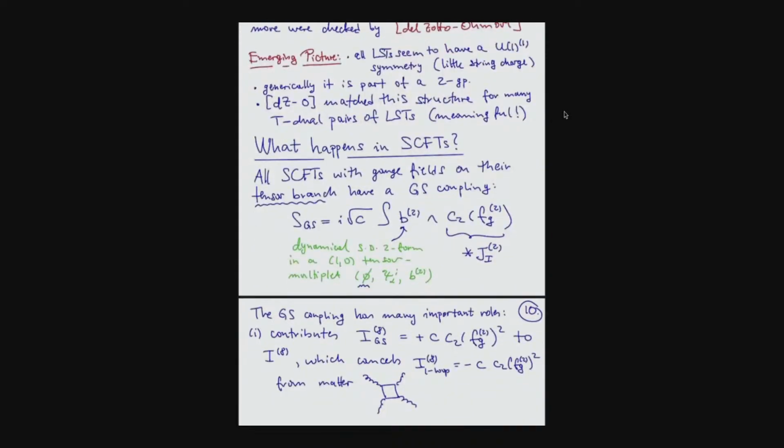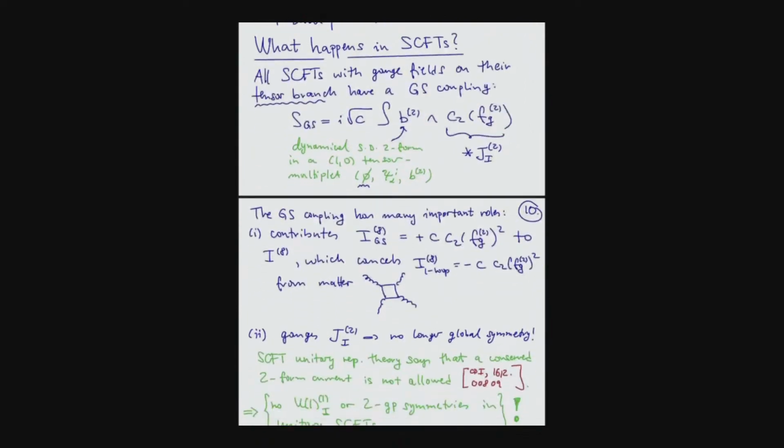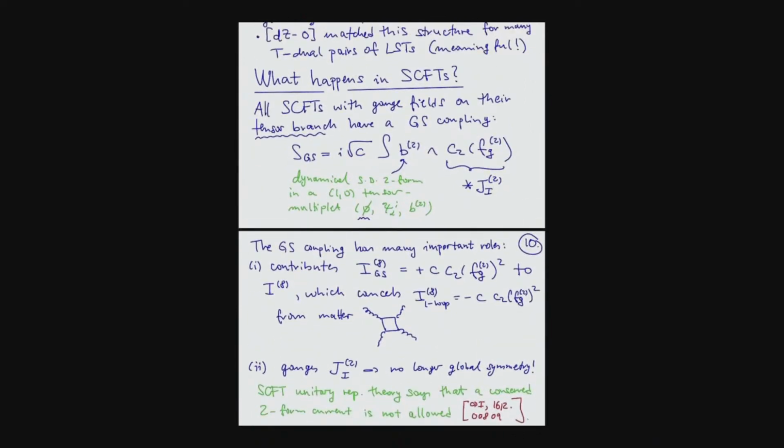Okay, so what happens in superconformal field theories? Well, there's a few things that necessarily happen in superconformal theories that did not happen in the example that we discussed before. And that's going to make a lot of difference. So it's true, and I reminded you in the beginning, that many, many interesting superconformal field theories on their tensor branch have non-abelian gauge fields.